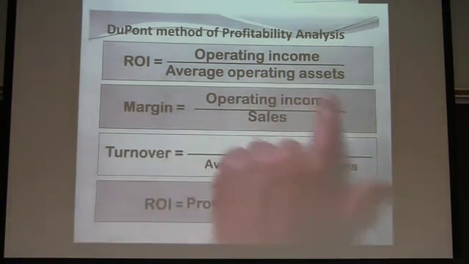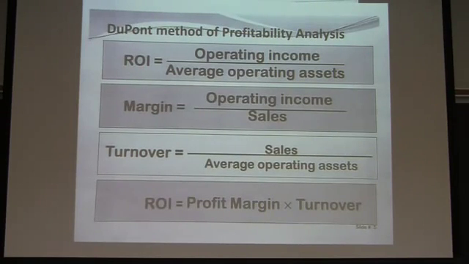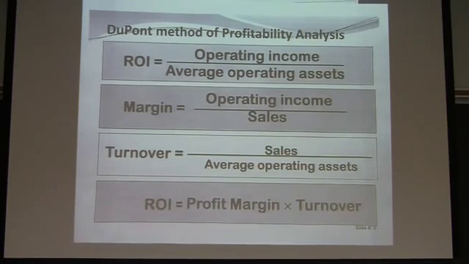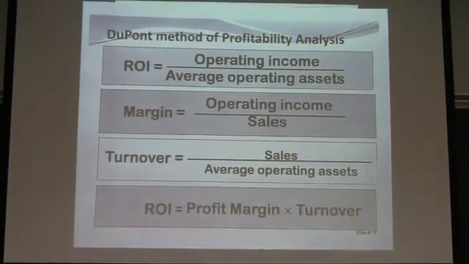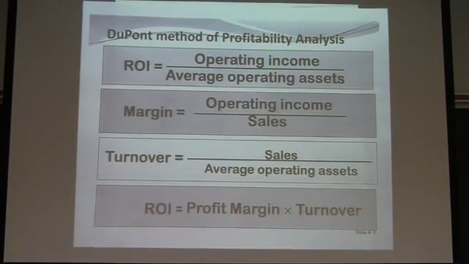Now, operating assets for ROI normally means total assets minus total liabilities or shareholders' equity. But depending on the company, the definition of operating asset could mean many different things.